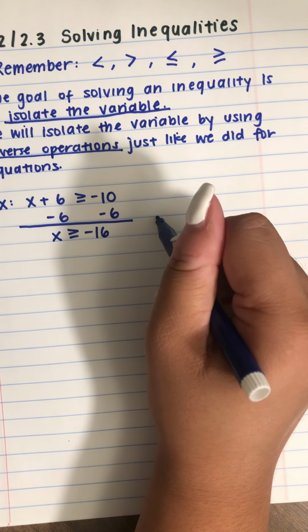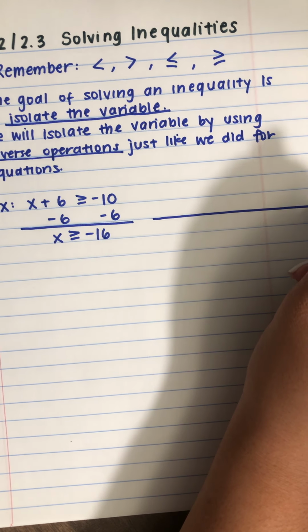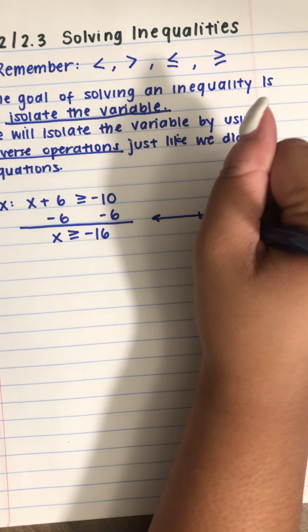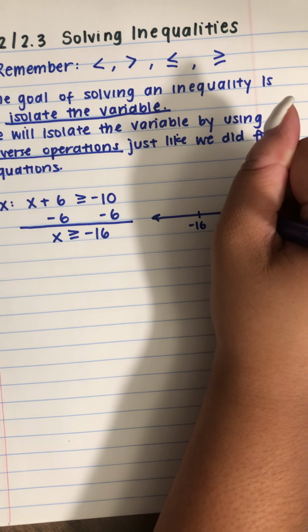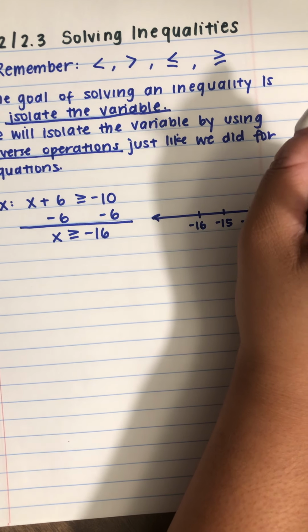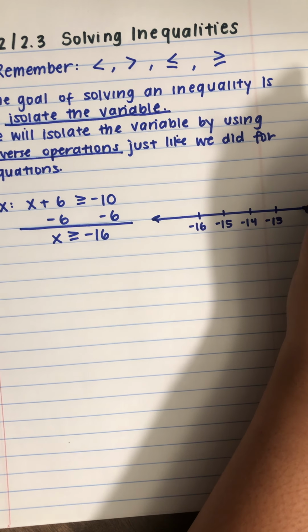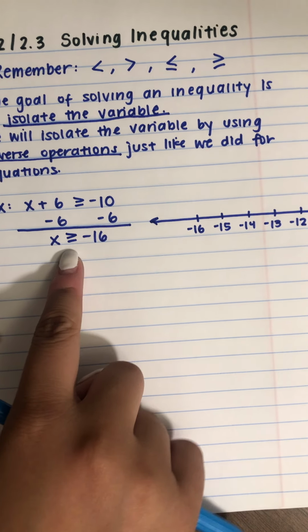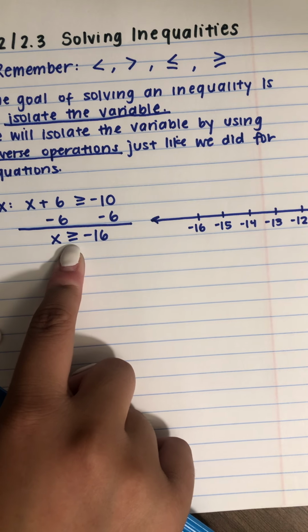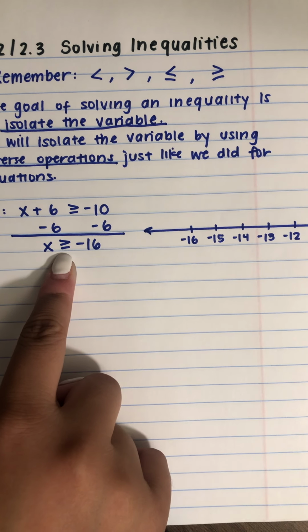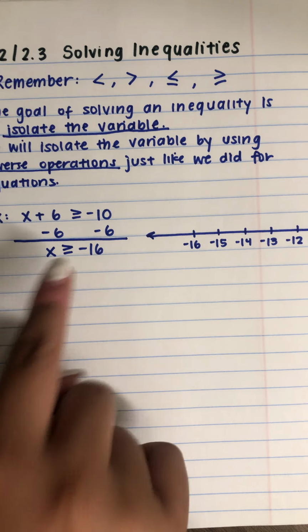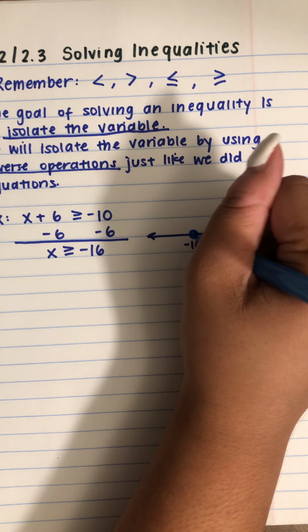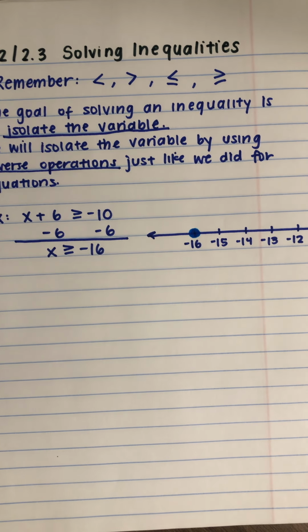I'm now going to go ahead and graph that solution. So I'm going to go ahead and do negative 16. Since we have an or equal to in our symbol, that means I'm going to use a closed circle on negative 16.